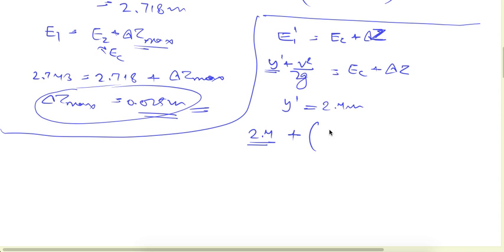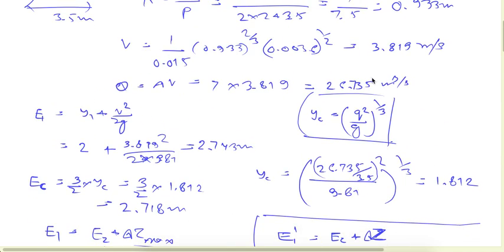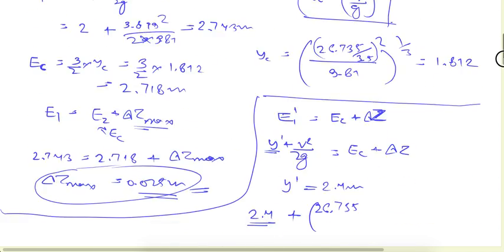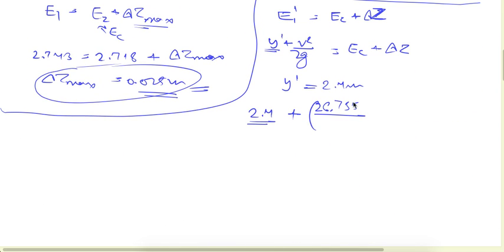So we know the total discharge, that is 26.735, as we saw earlier. Total discharge is this much. So discharge divided by area. Area is 2.4, this is the new depth, into width is 3.5 meter.